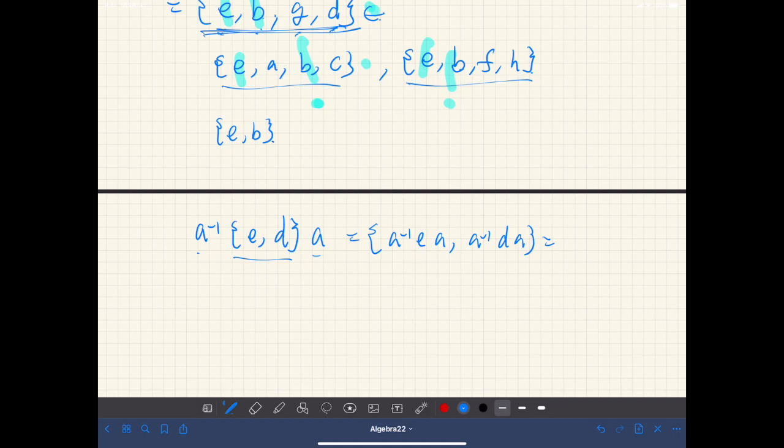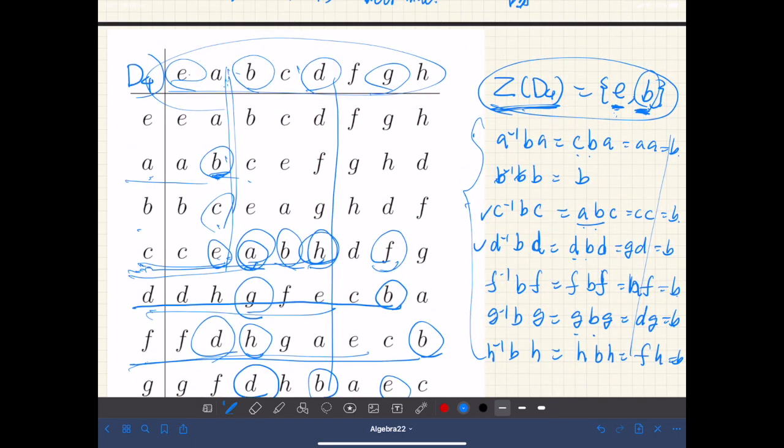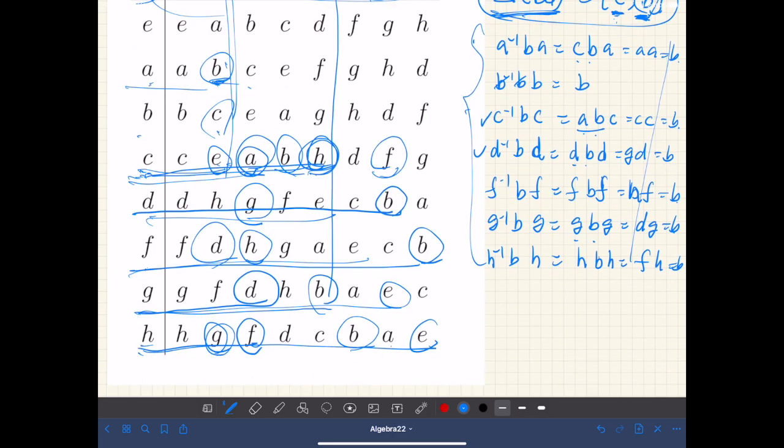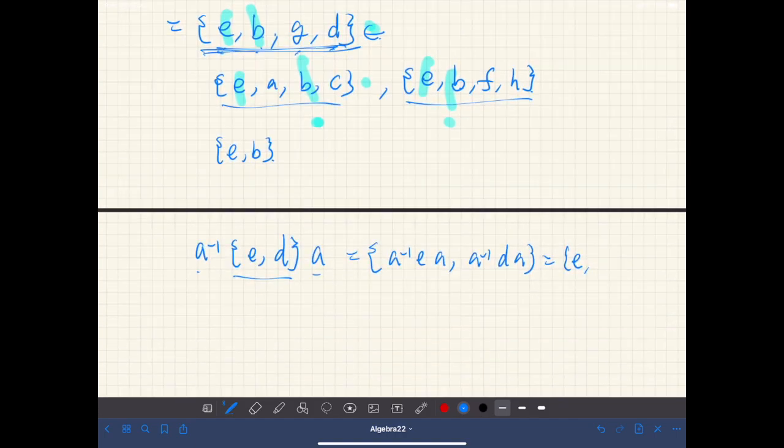That is E, and CD. CD is H, and HA is G. Yeah. So this and this are not equal. However, this and this are conjugate to each other, right? Because they are related by this operation.